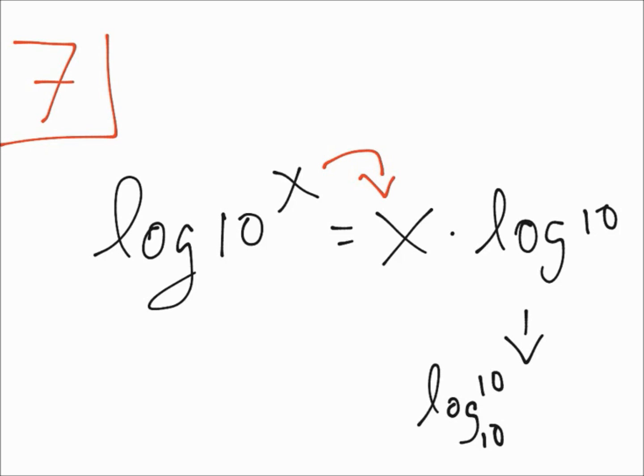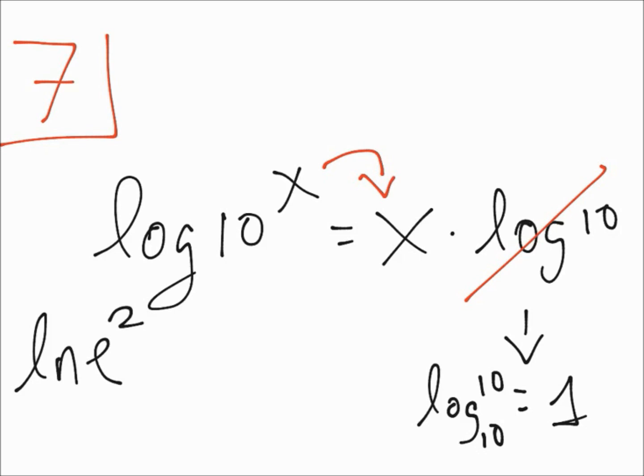Rule number 1 again, that's 1. So you only get the x. And to bring back the natural logarithm, let's give an example with that. ln of e to, let's say, the power of 2, just to give a number, will be 2. Just using the same rule used here.